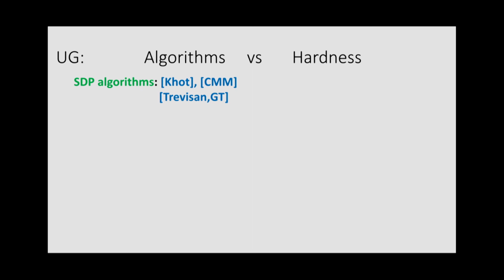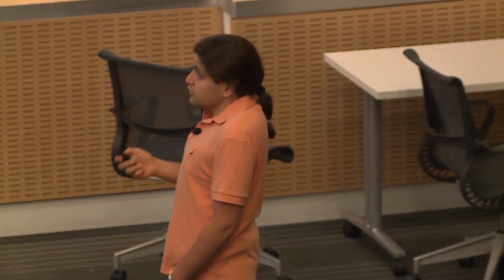And the first algorithm that came out for Unique Games is actually by Subhash in his paper. So he showed some SDP formulation of Unique Games and was able to analyze it. He got something. And this SDP algorithm was analyzed better and with some variations by several authors with improved parameters.